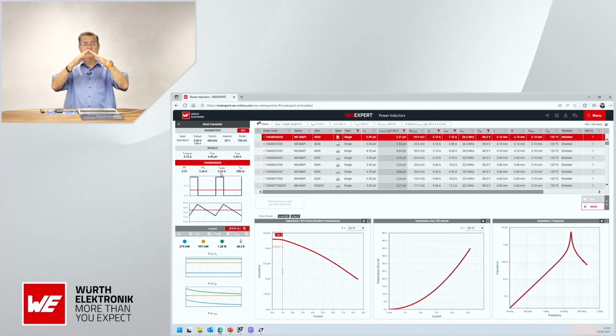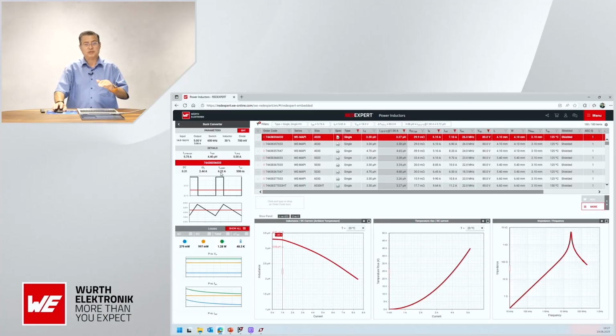triangle in the graph that you see here, the current flow, will make spikes, and spikes are not good for EMI. Spikes are not good for the lifetime of the components, also for the MOSFET and so on. I will make sure the peak current is less than the saturation of the inductor, and take care about the saturation of the inductance, because there is no standard definition; every manufacturer uses different standards.